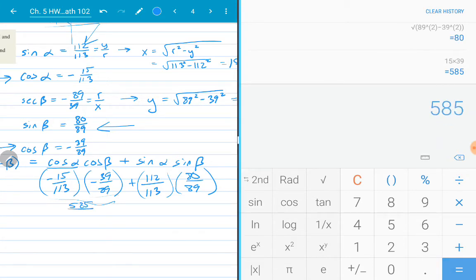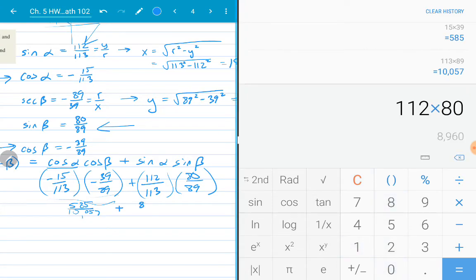The denominator is 113 times 89, which gives me 10057. Plus 112 times 80 is 8960 for the numerator, and I have the same denominator here since I already did the 113 times 89, so 10057. That's nice, at least that's something with these big numbers.